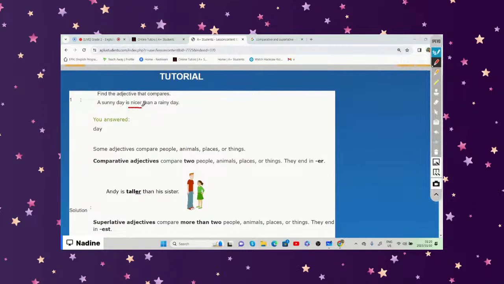So the weather is nice, but a sunny day is nicer than a rainy day. And for some people, a cloudy day is the nicest.